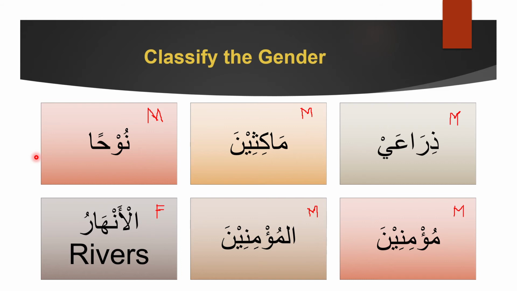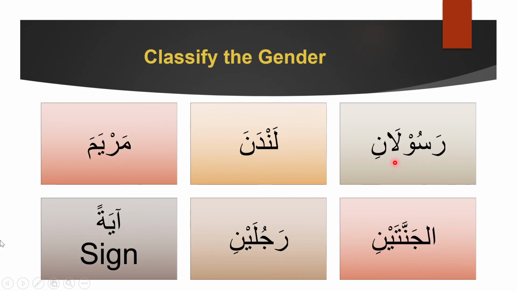If you think I'm going too fast, if you're unable to find the answers before me, then just pause the video, find your own answers, then come back to the video. Pause the video on each slide before I write the answers on them. Okay, next, rasulani.